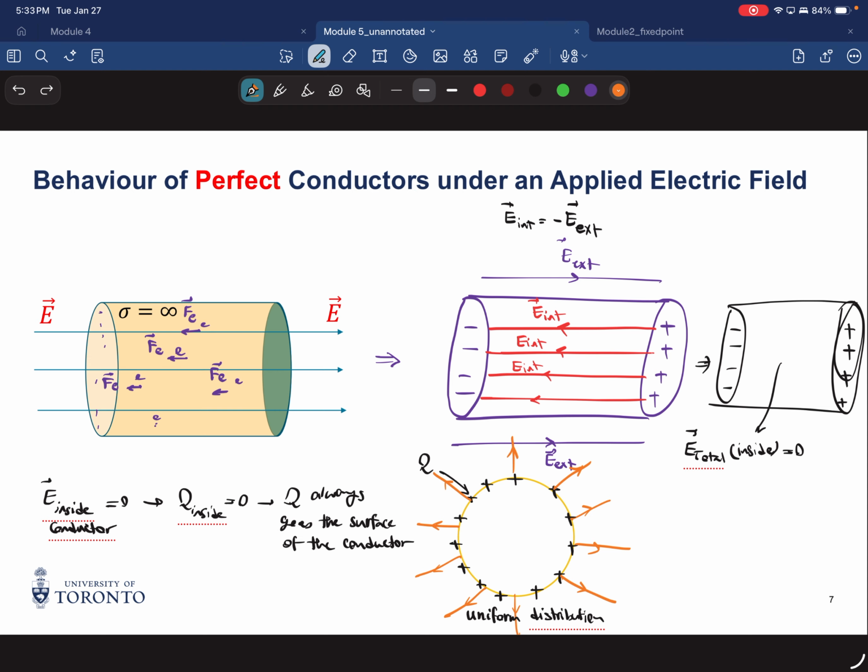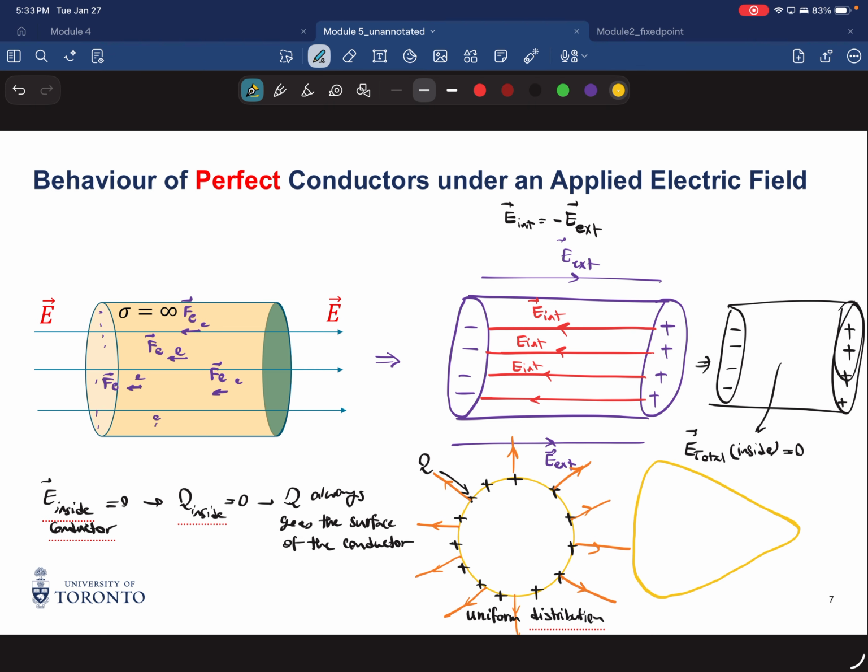Now, what if the shape wasn't symmetric like this sphere, and it was something like this? Okay, so let's say this was a conductor that looked like that.